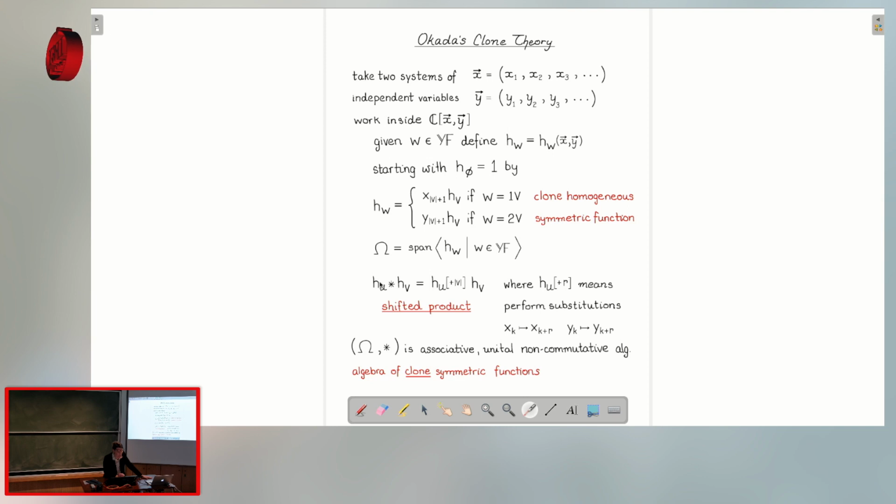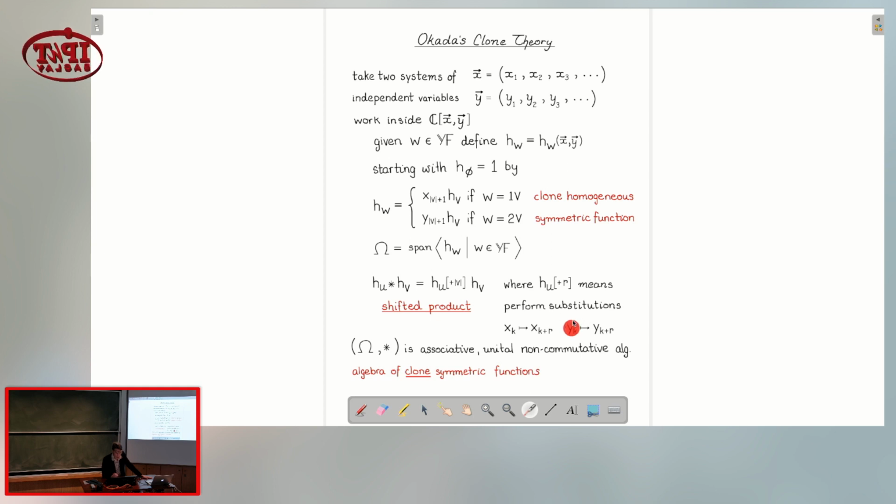For these h's, h_u shifted with h_v is: I take h_u, and whenever I see an x_k occurring in this left factor, I substitute x_{k+r}, where r is the rank of v.